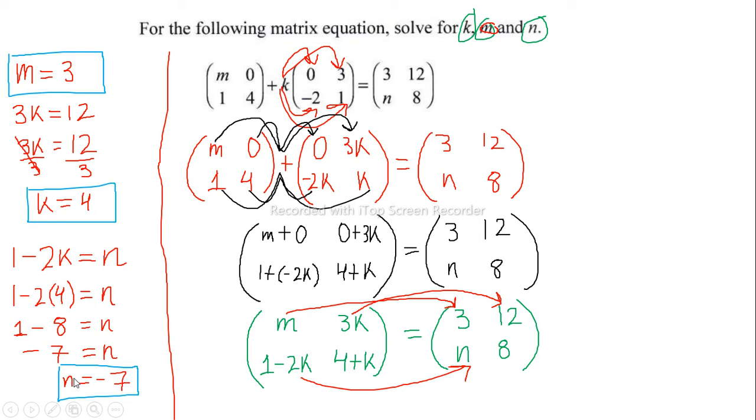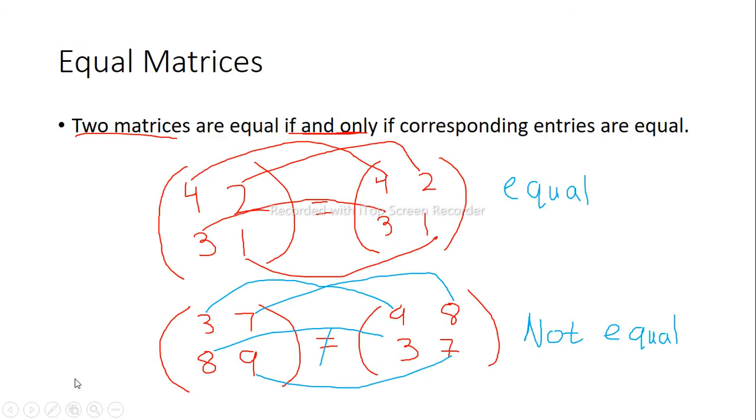Well, remember, two matrices are equal if and only if corresponding entries are the same. So this 4 must be equal to this 4, this 2 must be equal to this 2, this 3 to this 3, and this 1 to this 1.